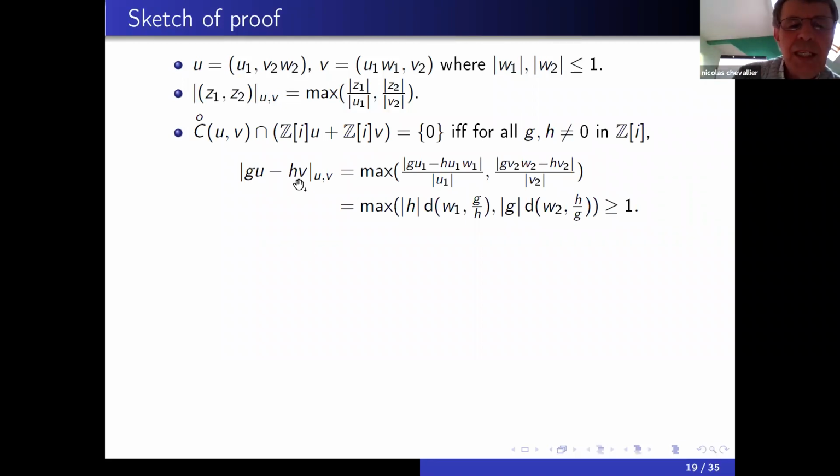If we look at the norm of GU minus HV, then by definition, it is just the maximum of these two ratios.